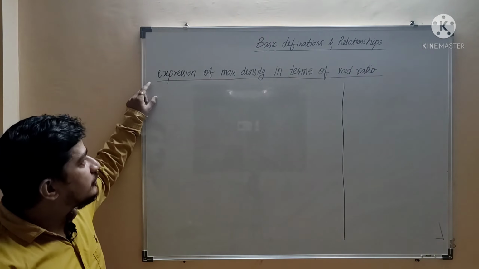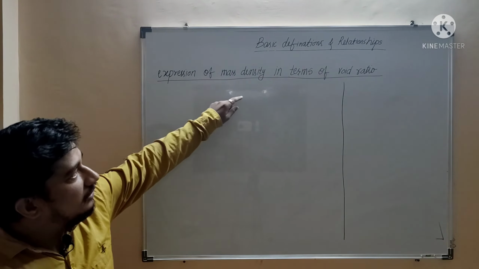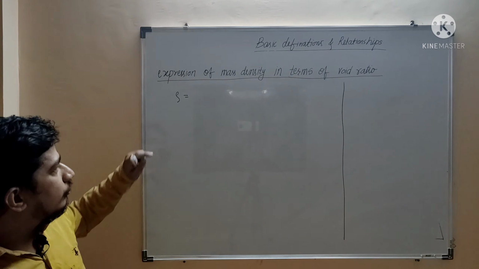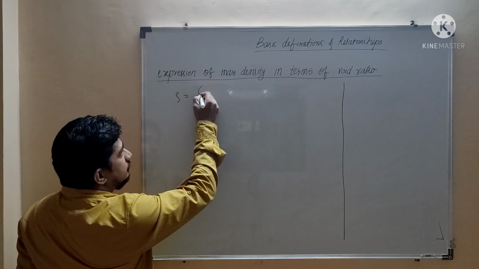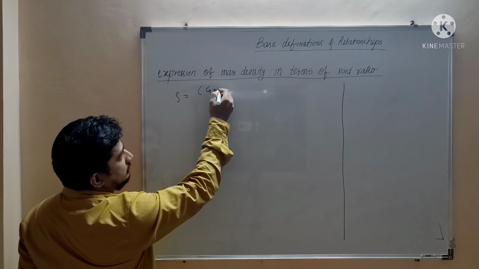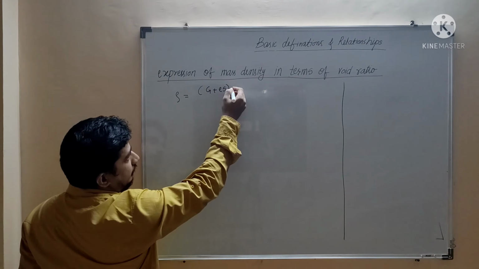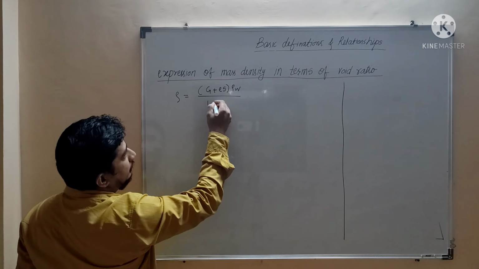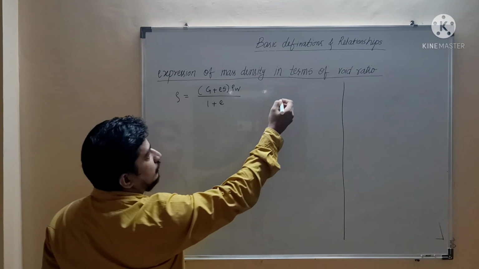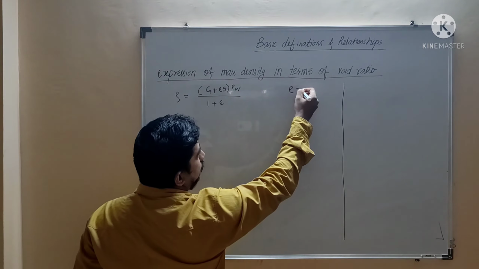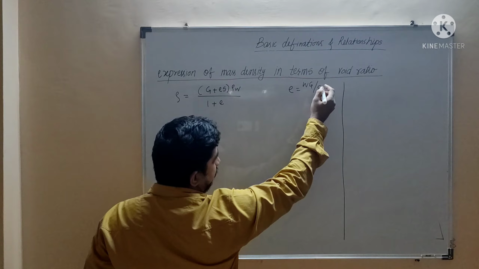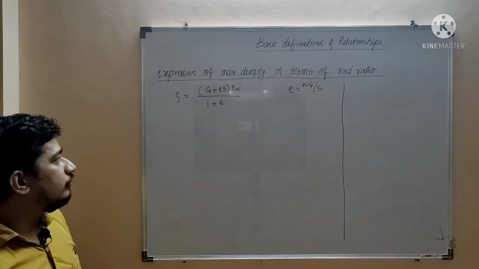So next part is expression of mass density in terms of void ratio. So rho is equal to G plus ES multiplied by rho W divided by 1 plus E. But as we know that E is equal to Wg by S, so this is known to us.